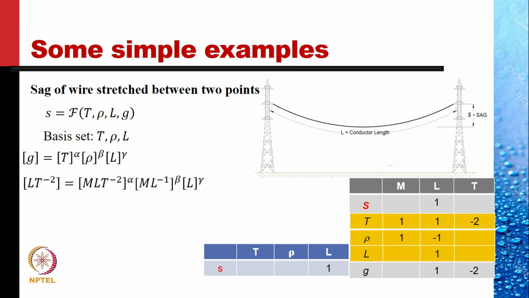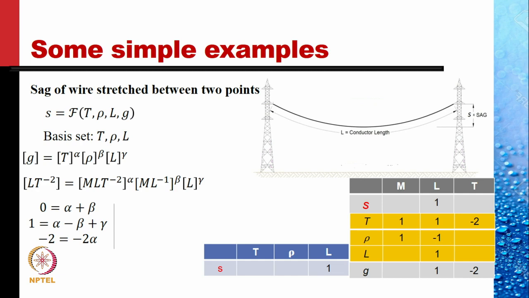Rho has a dimension M L minus 1 raised to power beta, and the length of the wire raised to power gamma. From this, equating the dimensions of mass on left and right side, mass is 0 on the left, and mass has a dimension alpha in the first term and beta in the second term. So 0 is equal to alpha plus beta.